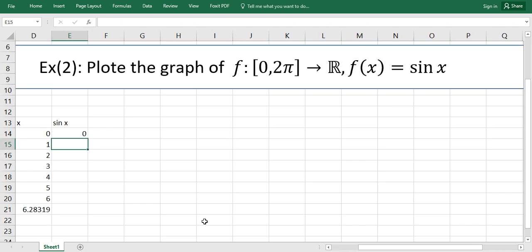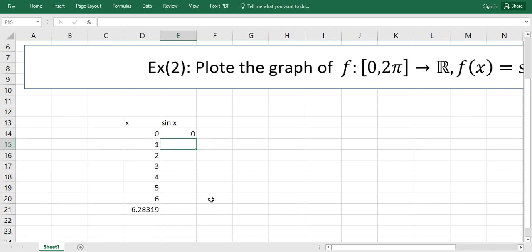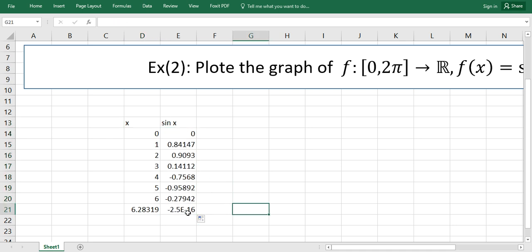To make it more visible, I am zooming in so you can see that this is giving you the answers of sine. It says minus 2.5 e minus 16, that means minus 2.5 times 10 raised to minus 16, which is approximately 0.